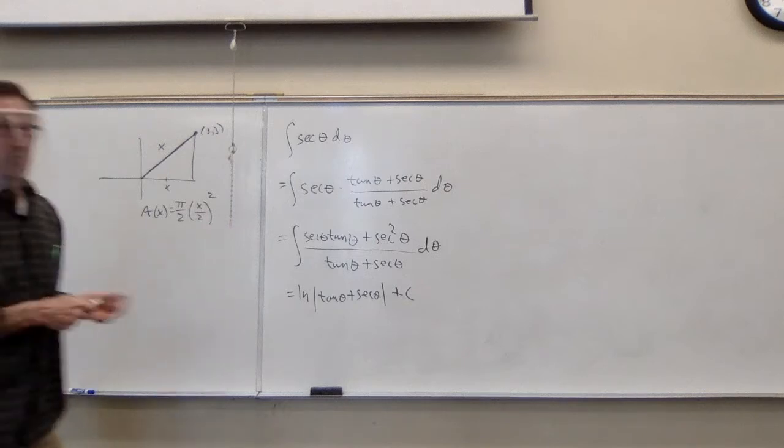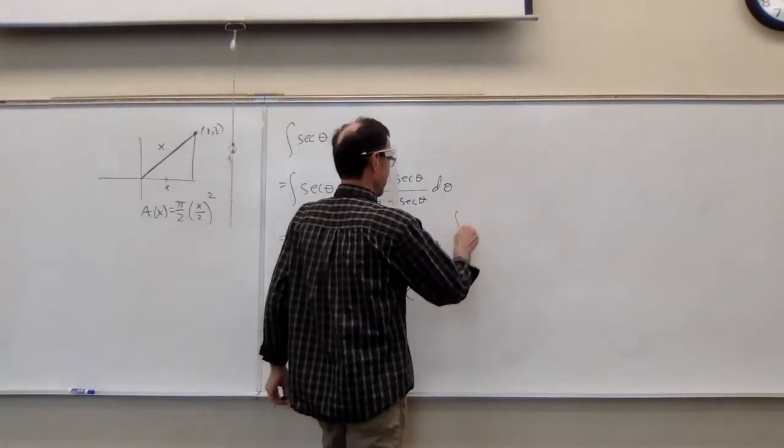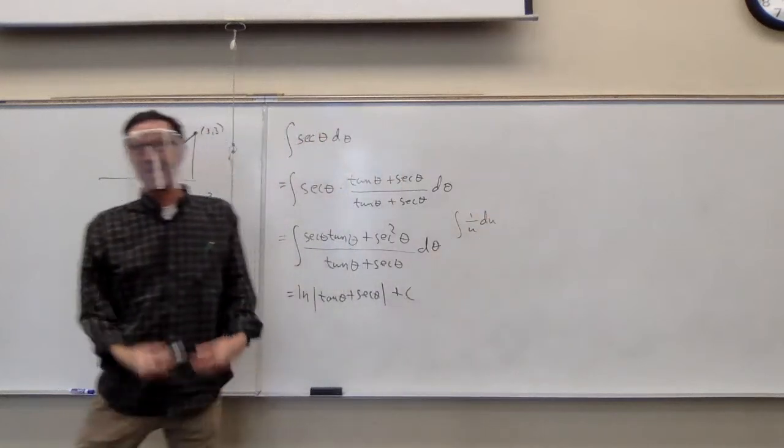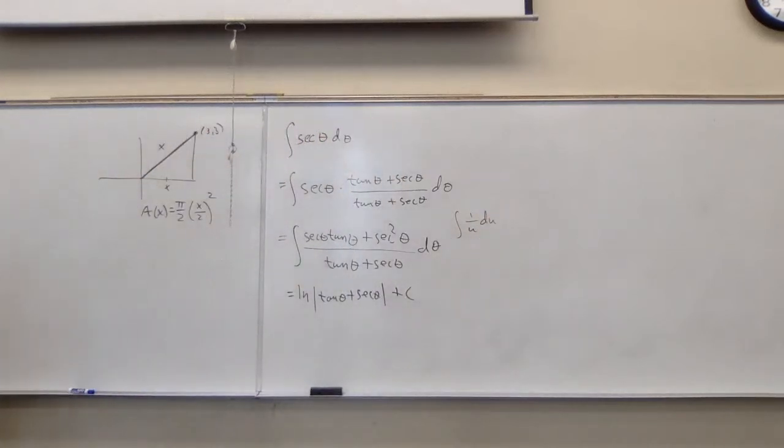Okay, we talked through it, but basically if we substitute for the bottom, we get 1 over u. The derivative of the bottom is on the top. Okay?